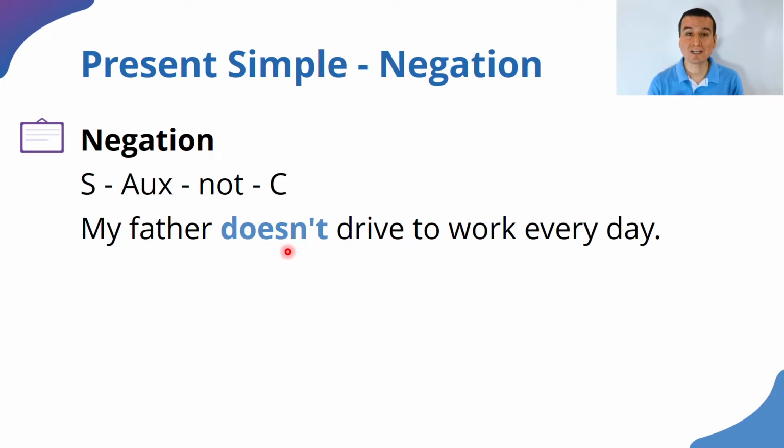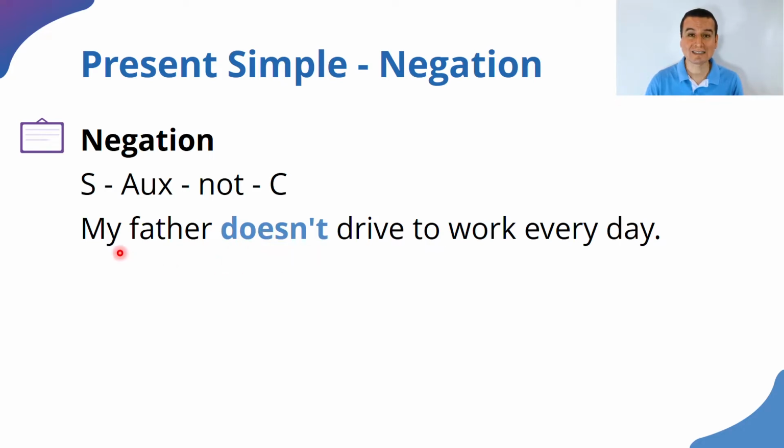My father doesn't, that is the way we pronounce that. My father doesn't drive to work every day. That is a way to negate the verb drive there using the auxiliary, especially when we're talking about a third person. My father doesn't drive. If I say I don't drive, I use don't because I am not a third person singular. That is the key there.